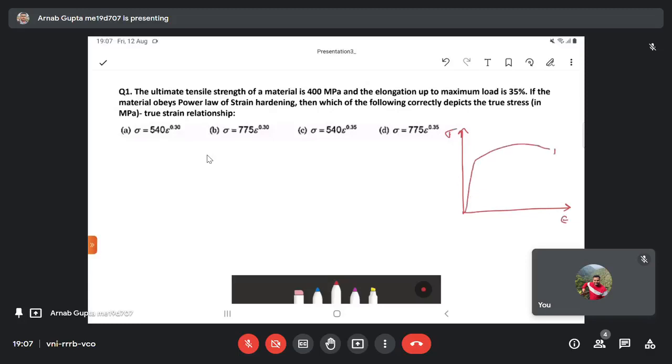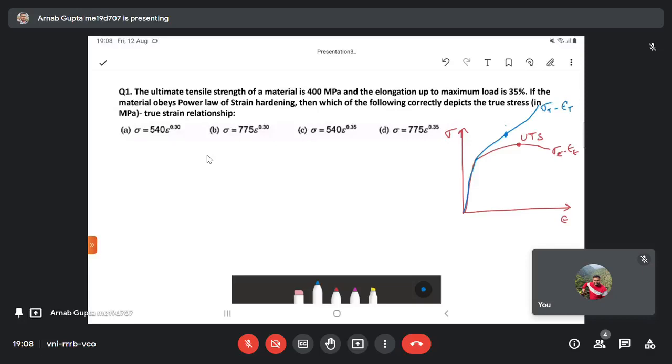If this was the curve for engineering stress, engineering strain, then for true stress, true strain, it would be somewhat like this. If this is the ultimate tensile strength point, then somewhere here we will get the maximum load point for the true stress, true strain curve.